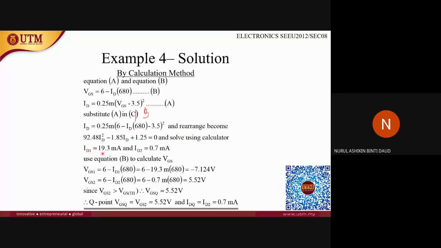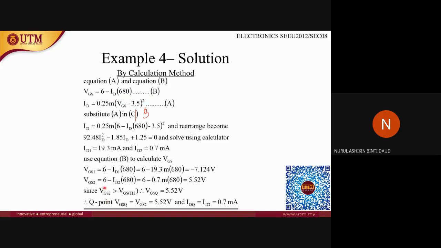And then you will get two values of ID, two values of current, because there is a square here, right? So of course you will get two values of current. From these two values, take both and find the value of VGS using Shockley's equation.